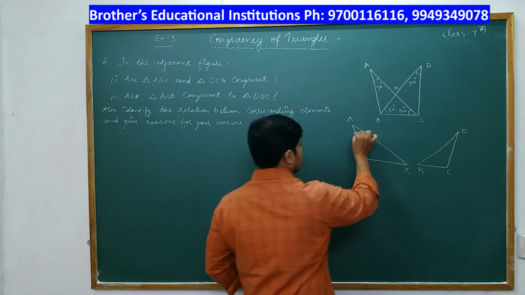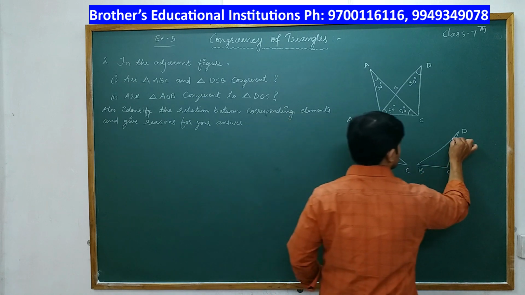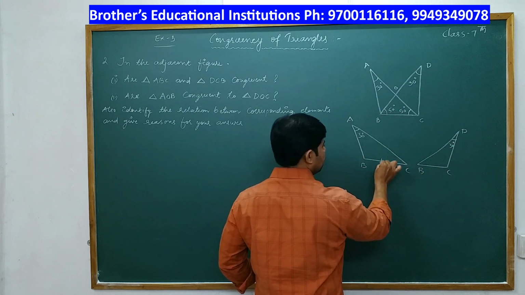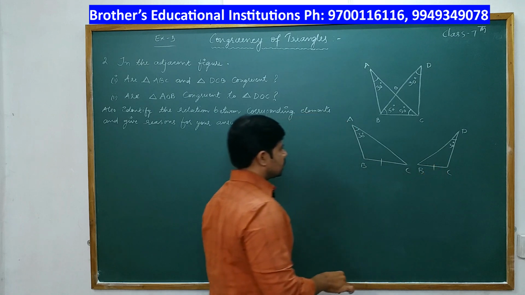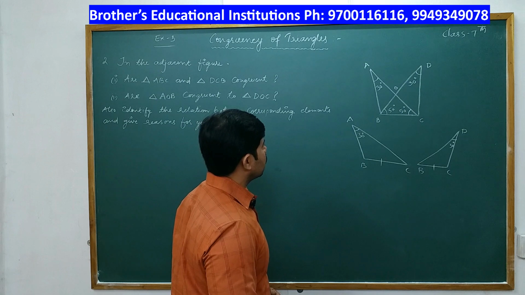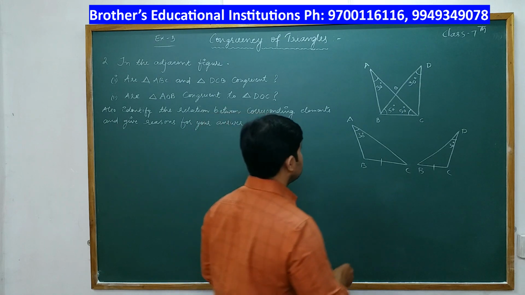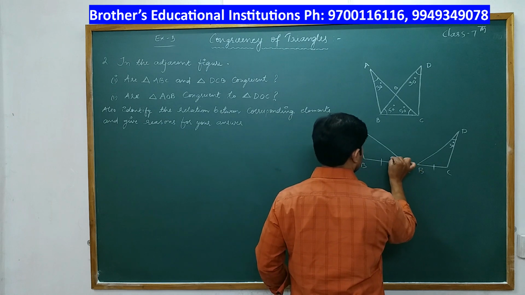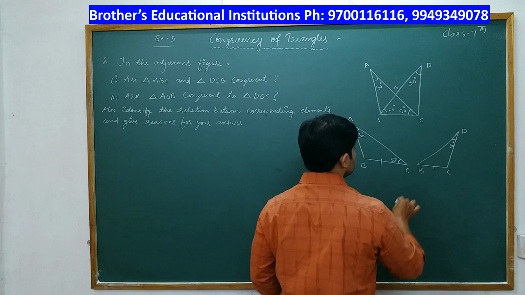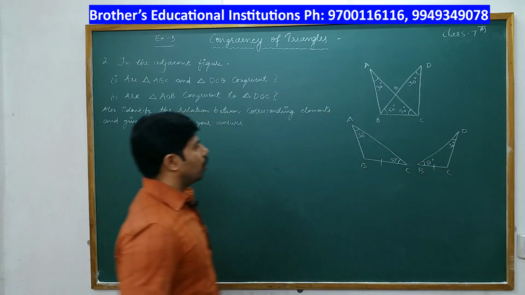So here angle A is 30 degrees, angle D is 30 degrees, and BC is a common side. So any other angle is given to us? In ABC, I think the C is given as 50 degrees, and this B is 50 degrees, right? So now clearly the two triangles are congruent.